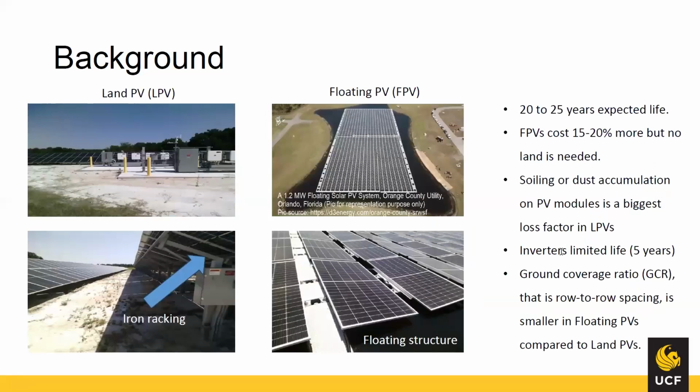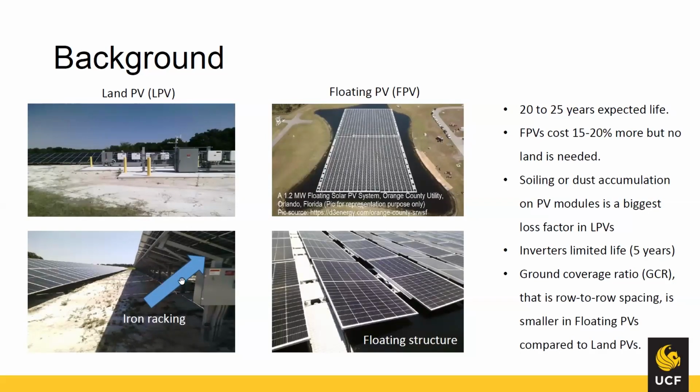Okay, so a little more background. Looking at the pictures, on the left side are the land PV systems, which are installed on the land. And on the right side are the floating PV systems. The pictures are actually from a 2 megawatt PV field. And what difference do we see?